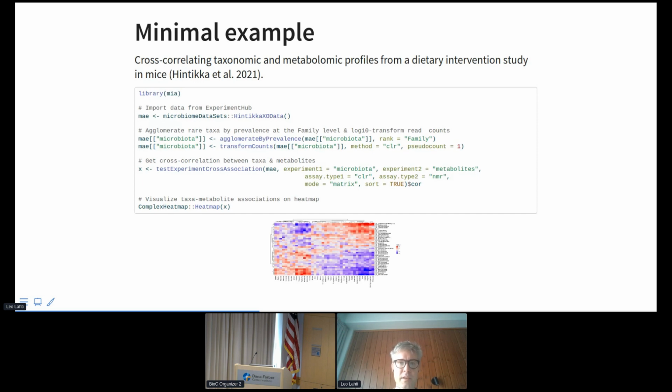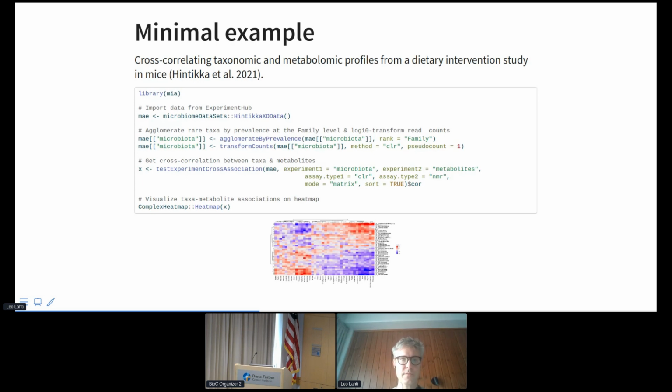So this is just one single example of the usual exploratory analysis for microbiome data, and there are also other multi-omics tools available now in the ecosystem. This just demonstrates a little bit how you can utilize the current tools.